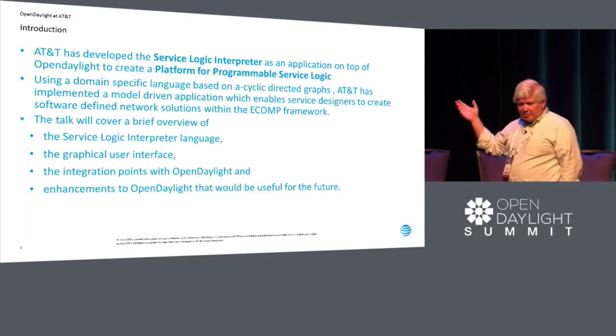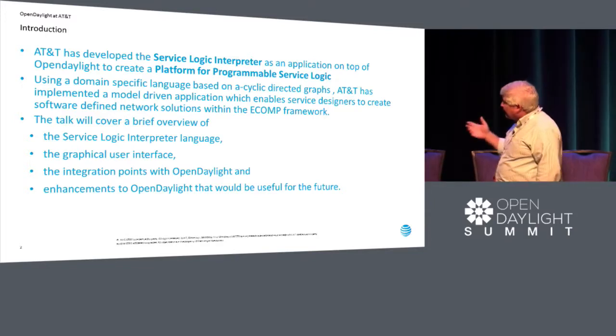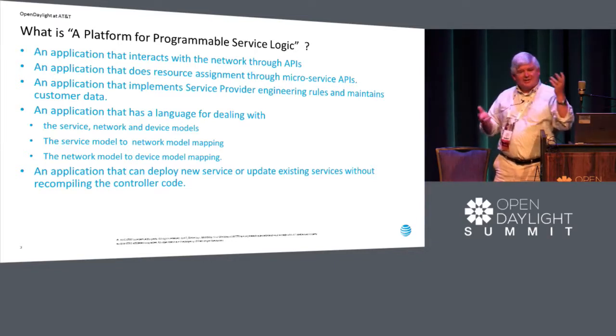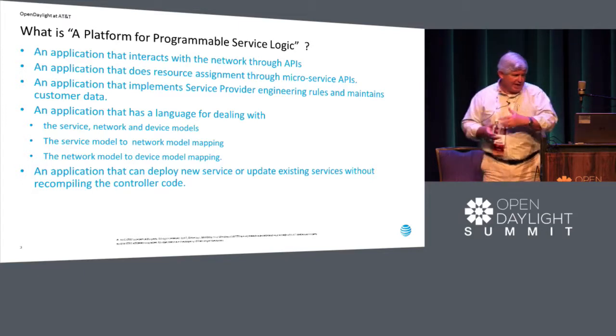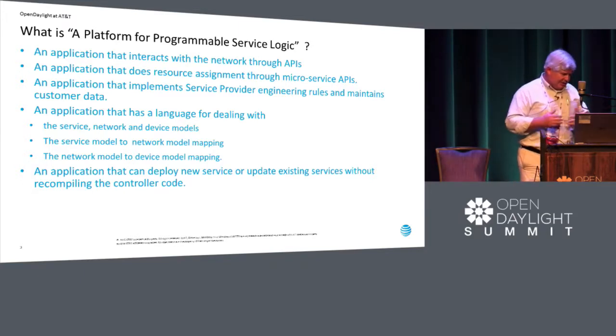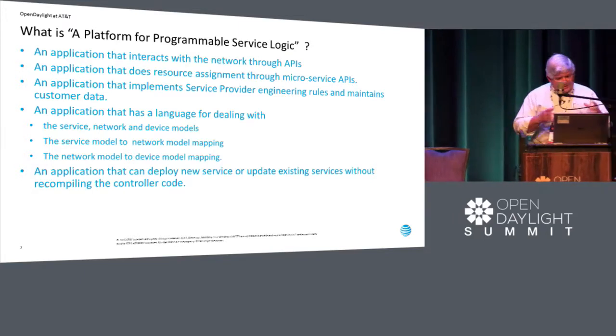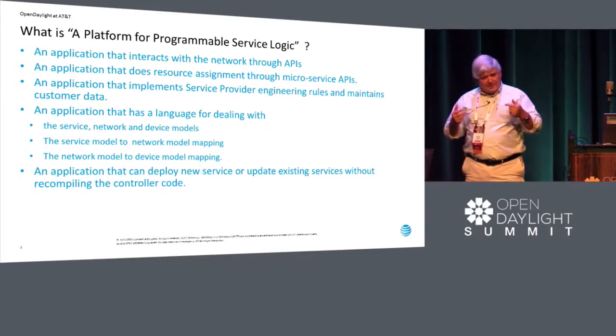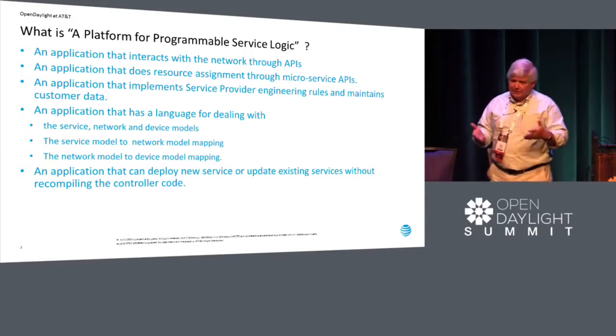The service logic interpreter is the thing that we have done to maintain customer data. We have the information about what the customer ordered or requested. Ordering is the ordering systems up north, but what they requested, the mapping of that into network, the mapping of that into device. Okay? And finally, this language deals with, as I just kind of inferred, these three separate models of what's going on.